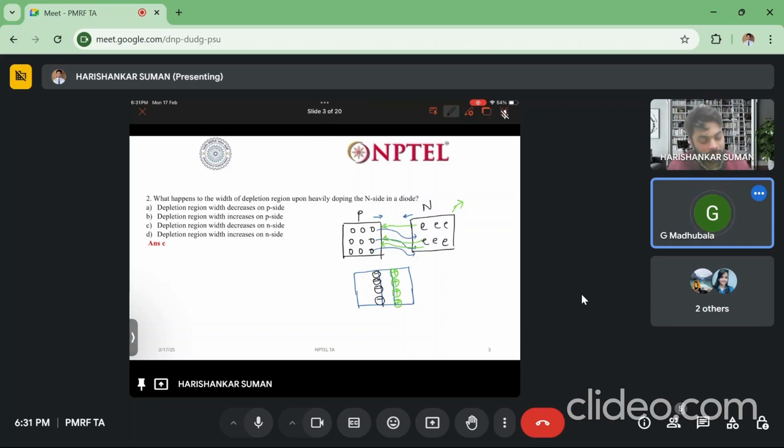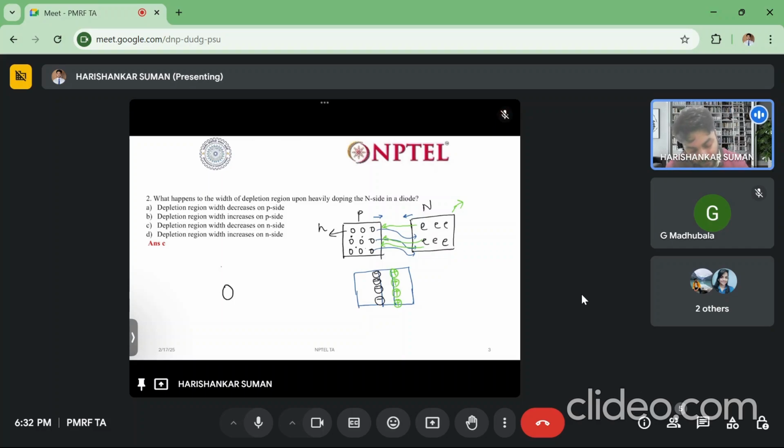Positive and negative attract. How does it form the depletion layer? Initially, the number of holes is higher on one side and electrons on the other. We have silicon, which is intrinsic.